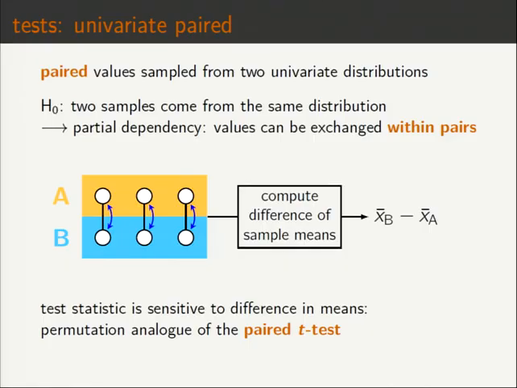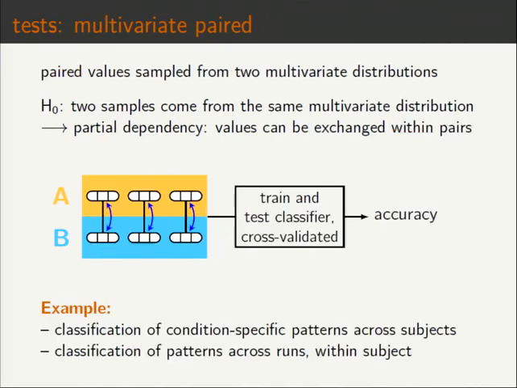In the univariate case, you compute the difference of sample means. In this case, this would be the analog to the paired t-test. Or again, in the multivariate case, our values are multivariate values, they are vector values, but again, we have this dependency structure. We can only exchange within these dependent pairs under the assumption that the dependency is symmetric.